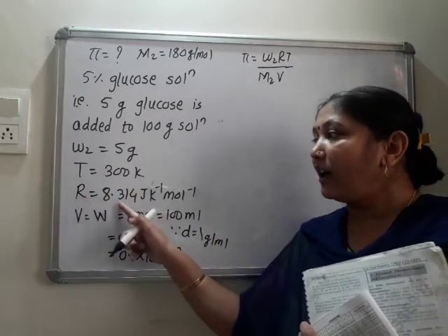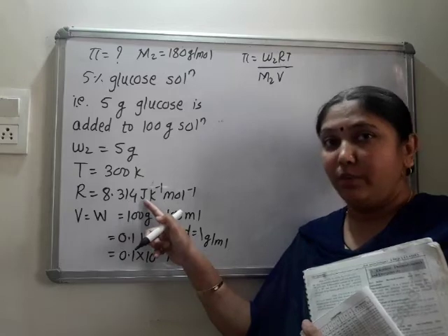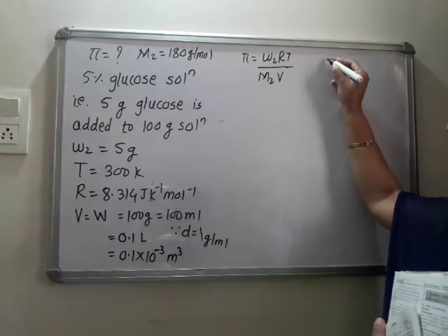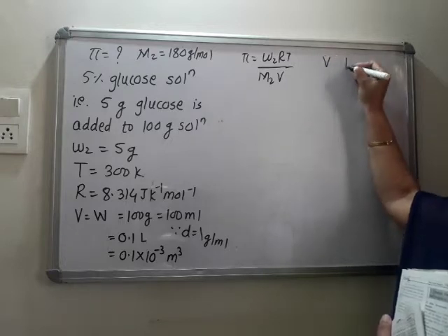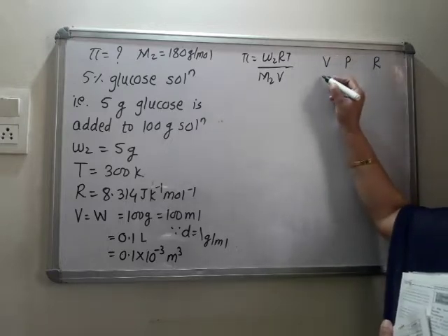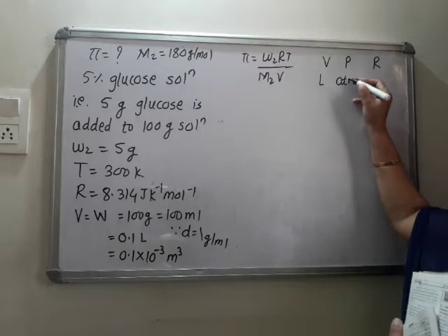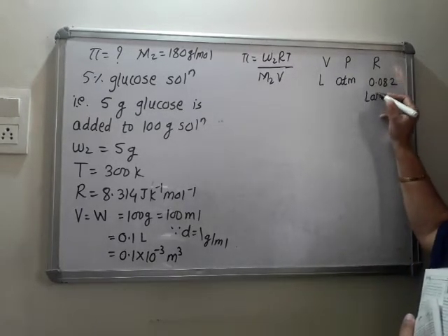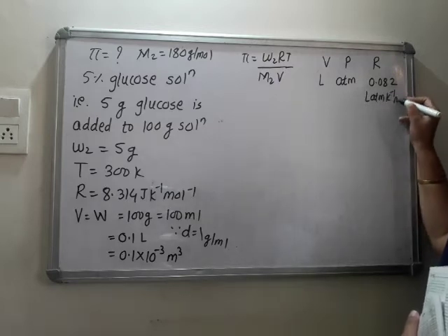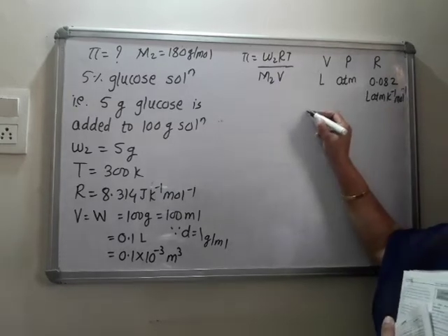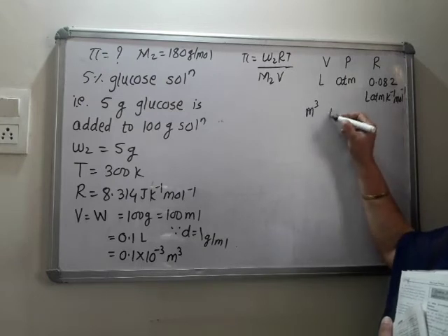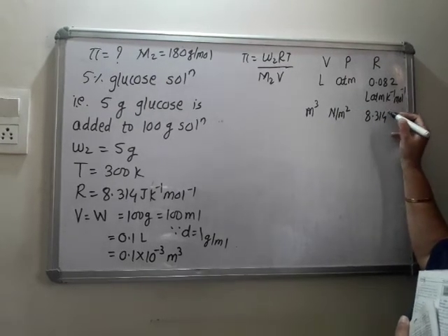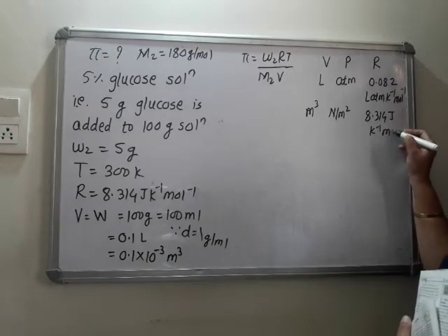They have given R value in joules per Kelvin per mole. R, I told you last year also we discussed this: unit of volume, pressure and R. If this is expressed in liter, this is expressed in atmosphere, we take this 0.082 liter atmosphere per Kelvin per mole. If this is expressed in meter cube, this is expressed in Newton per meter square, then we take this value as 8.314 joule per Kelvin per mole.